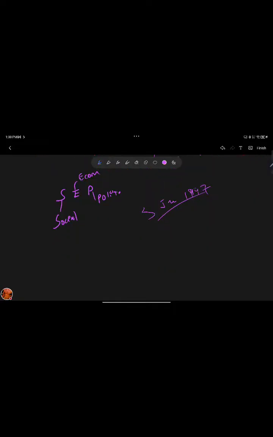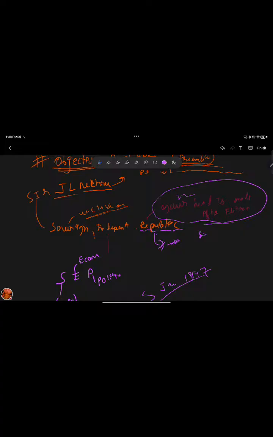So the Constituent Assembly. I told you the meaning of sovereign, right? Here, sovereign, as Jawaharlal Nehru said, we were made a fully sovereign body, so we can take our decisions fully by ourselves.